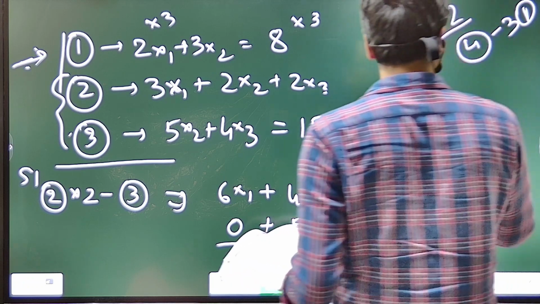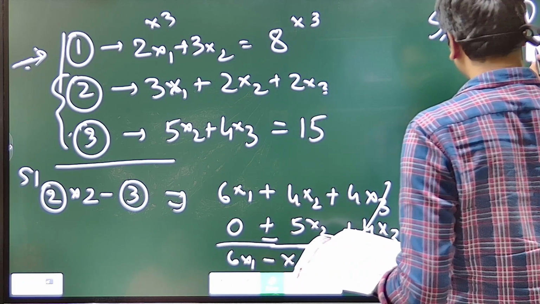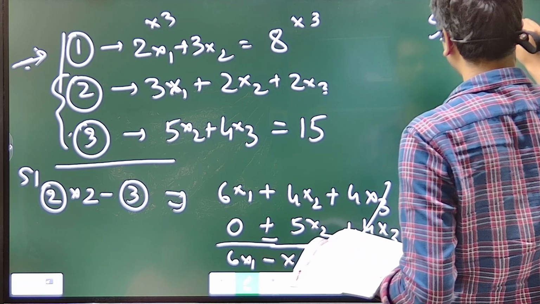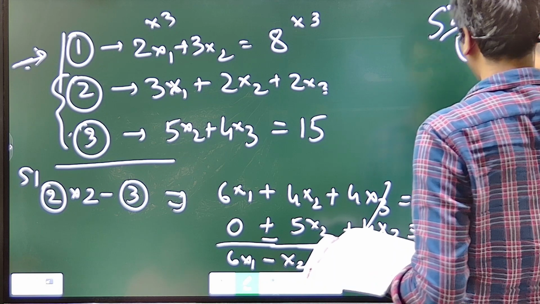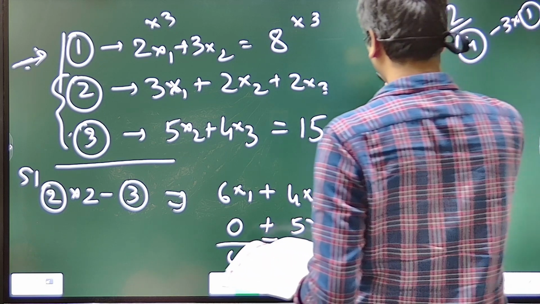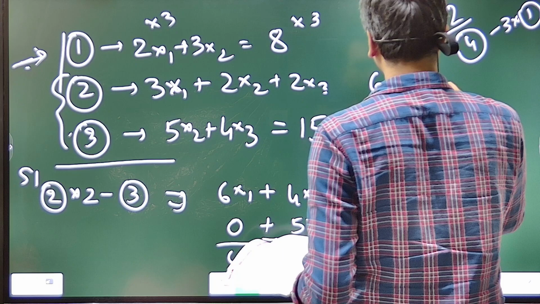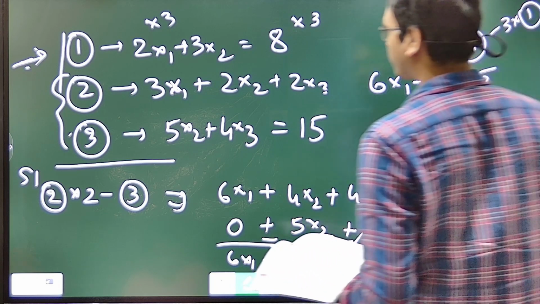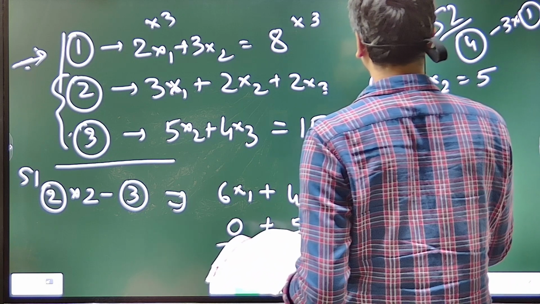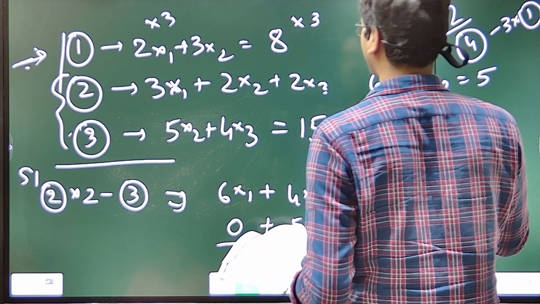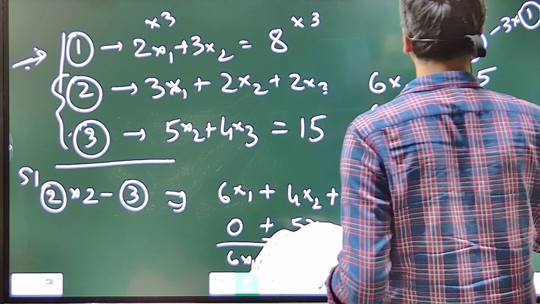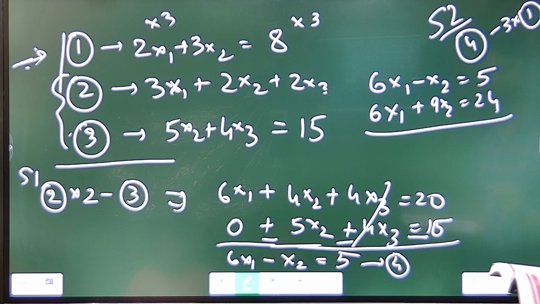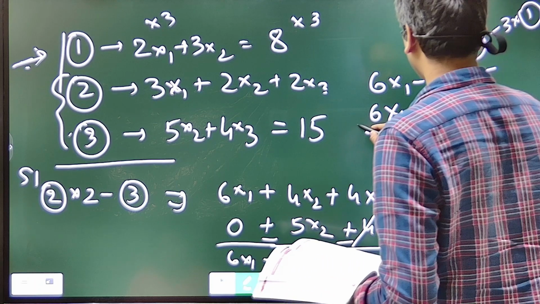Okay. So the second step was equation 4 minus 3 into equation 1. This is my equation 4, that is 6x1 minus x2 equal to 5. 3 into equation 1 is 6x1 plus 9x2 equal to 24. Correct? So let us subtract.